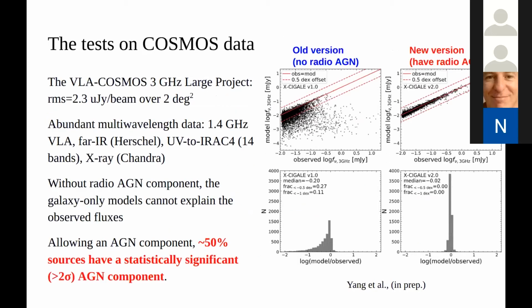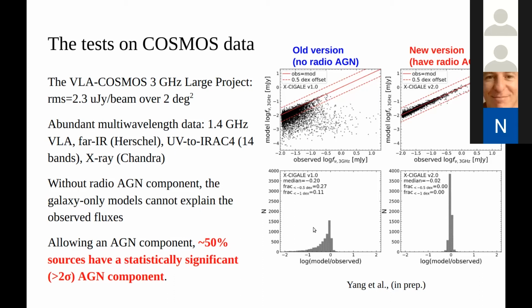So we have tested our new CIGALE version on the COSMOS data, where there is very deep radio data as well as other multi-wavelength data from X-ray to far-infrared. You can see here on the left is the fit without the radio AGN component. You can see that many of the model radio fluxes are very low compared to the observed radio flux.